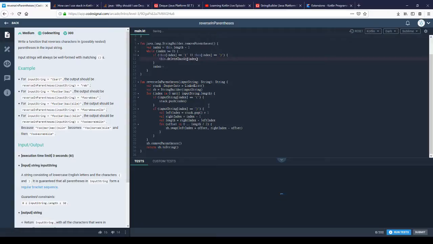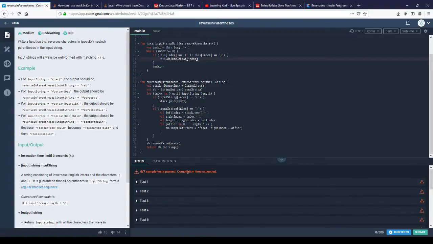Yeah, we don't need that. The next item to inspect is still at the same index.